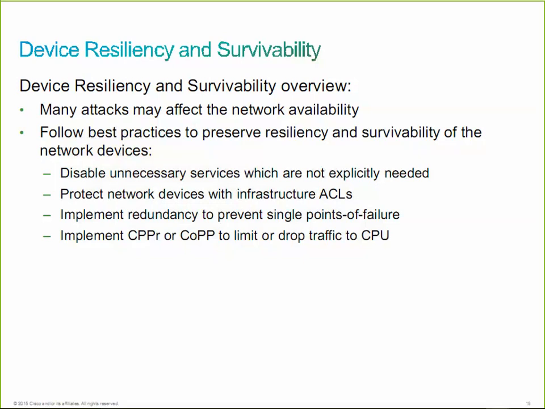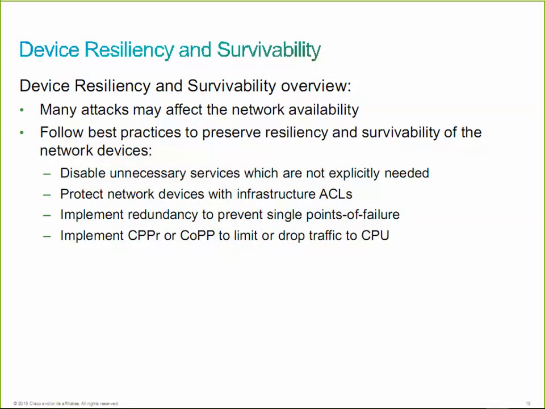To follow best practices, there are a few things that you should do, right? Number one, Cisco devices, and I'm sure other vendors are the same way, come with a lot of services enabled on them by default, particularly routers. Switches, not so much, right? Switches generally are just a switch, but you can get some of the enhanced switches today that have a lot of these features enabled as well.